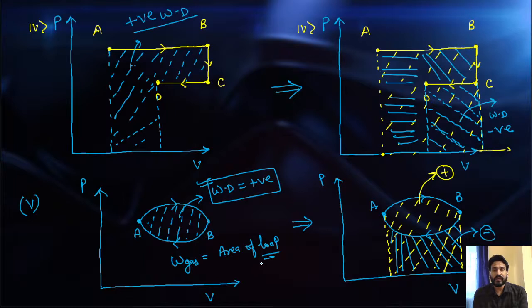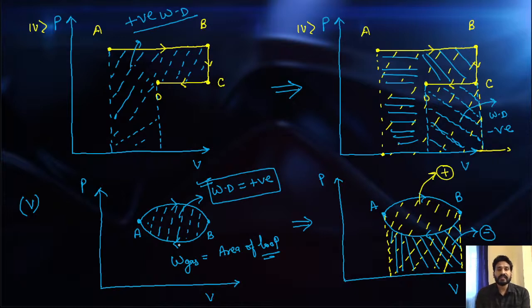If we have already concluded that for any cycle the area of the loop will be the work done by the gas, then just remember it like this. Is it clear to you? This is the basic, you should know this. After all these things, if you have this information in your mind, then you can calculate the question very quickly. And this is what we want. I hope that this is clear to you.